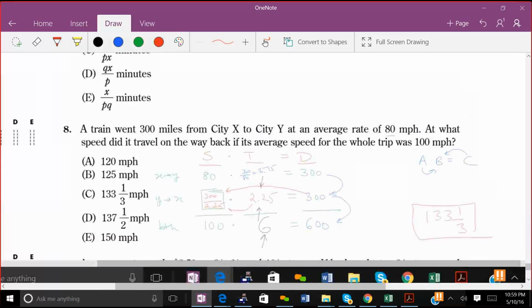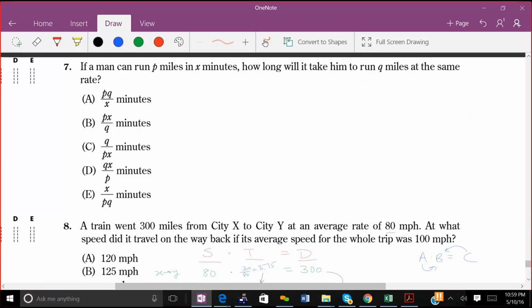No. Okay, great. Number 7. If a man can run P miles in X minutes, how long will it take him to run Q miles at the same rate? So it's P miles, speed.